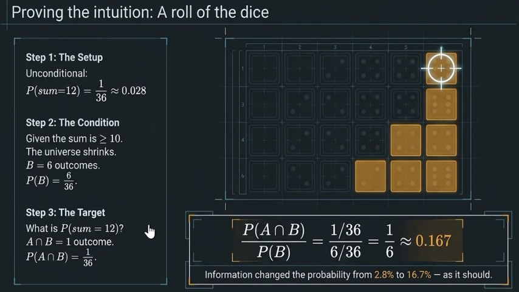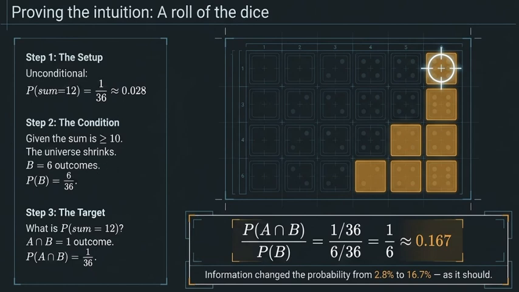Next thing is proving the intuition, a roll of a dice. Okay, this is a simple question of a die when it is rolled, and given that the sum is greater than or equal to 10, what's the probability of sum equals 12? So how will you find it? First define the events, then find the intersection, and then apply the formula, and you'll get the answer.